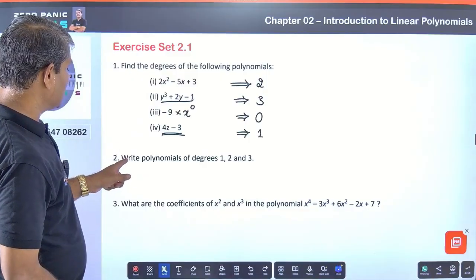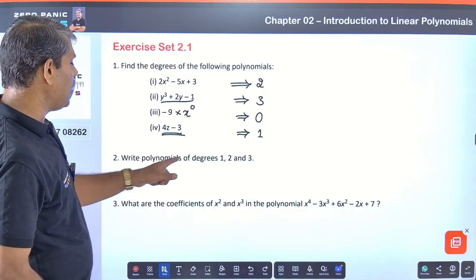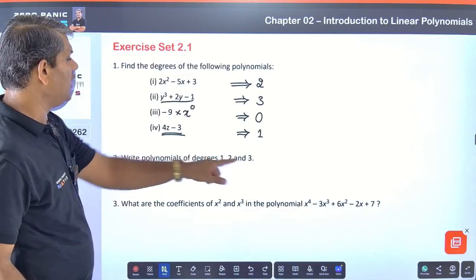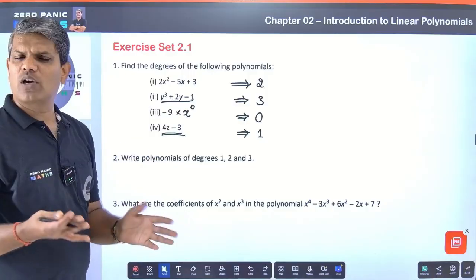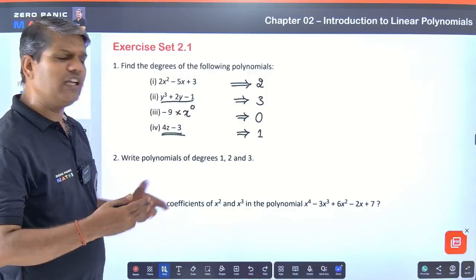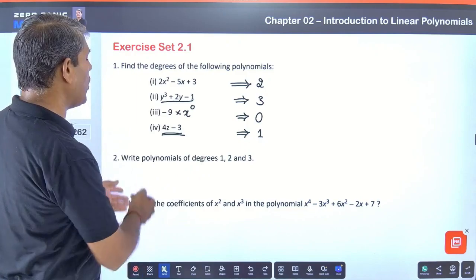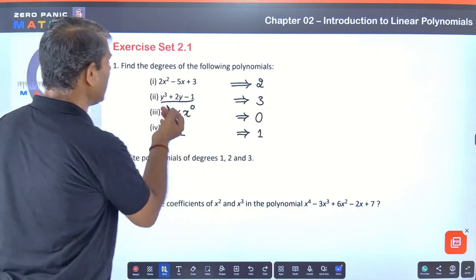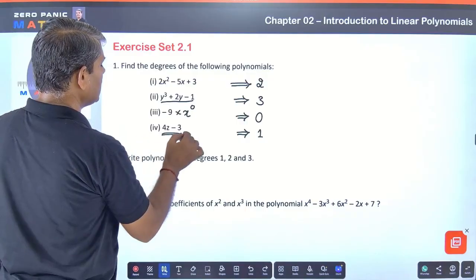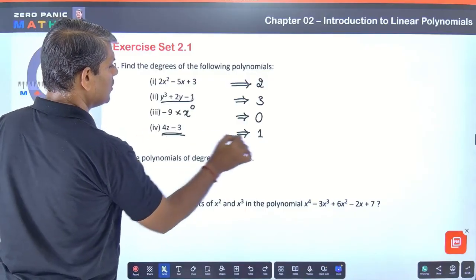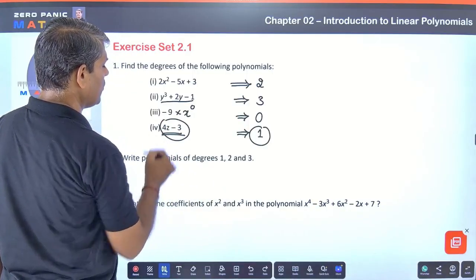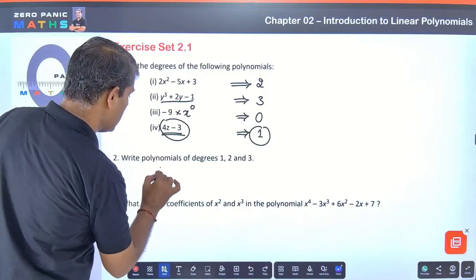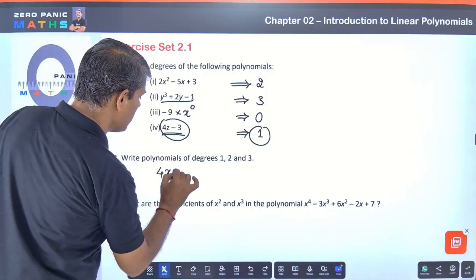Now the second question: write polynomials of degrees 1, 2, 3. You can take the answer from this set only, or else write the polynomials of degree 1, 2 and 3 in whatever way you think. Degree 1 is this polynomial. You can write it as an example; I will write it as 4x minus 3.